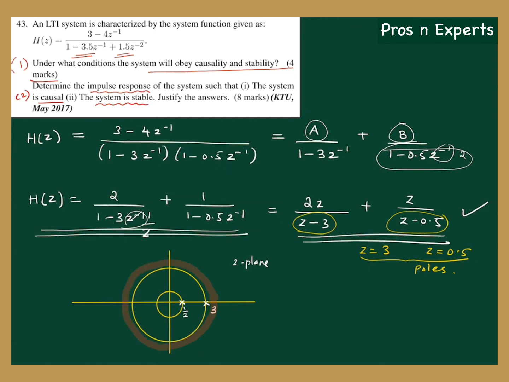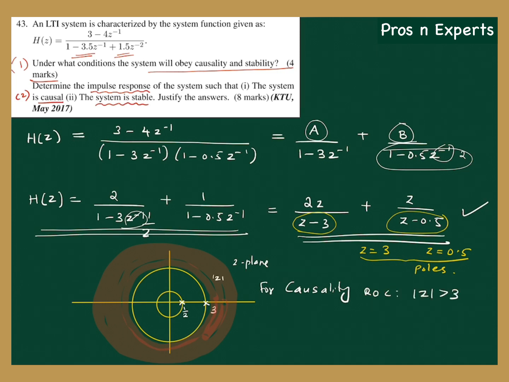The outermost pole is 3, so the ROC will be outside the outermost pole. So this is the ROC. And how can you represent this ROC? For causality, the ROC is such that mod z is greater than 3.